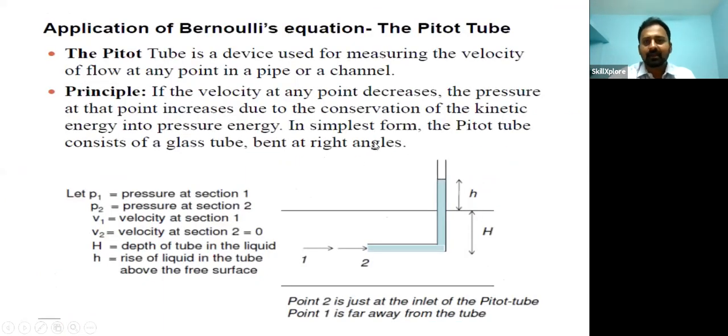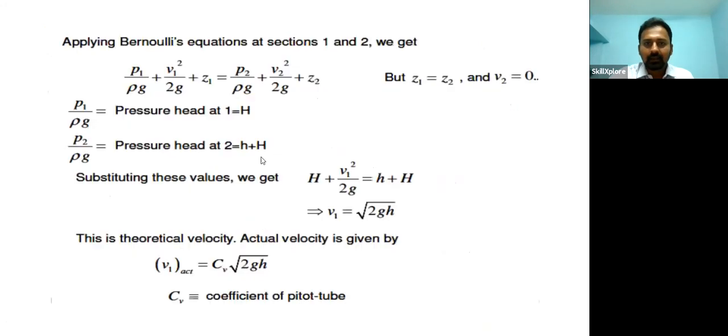So the next thing is the application of Bernoulli's equation using a pitot tube. Okay, the pitot tube is a simple concept. With this, we are able to measure the velocity of a flowing fluid, that is, how fast the fluid is flowing.